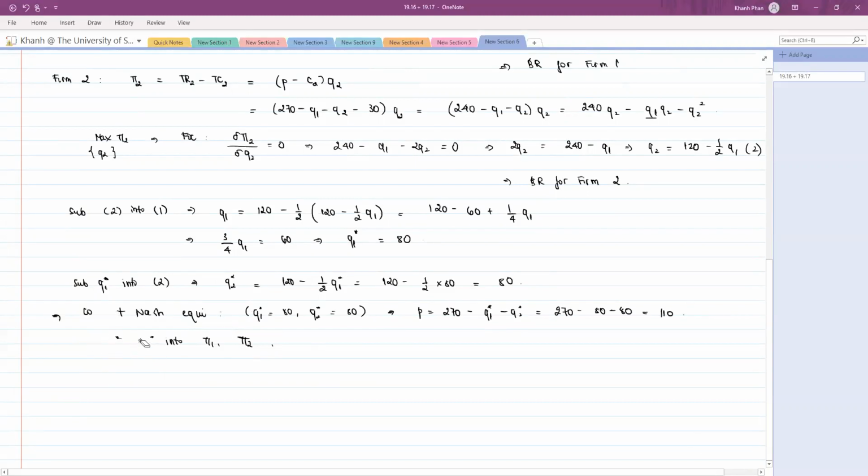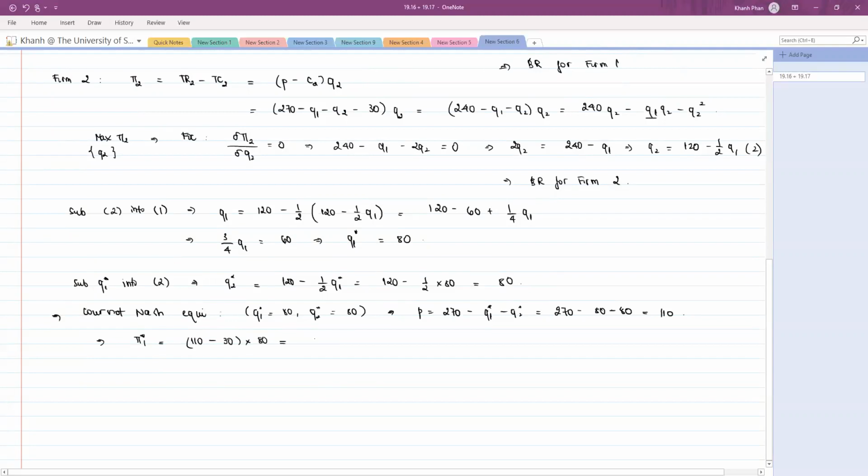Okay, so the profit for the firm is up to you. If you want to substitute back into the profit function we got earlier, that is totally fine as well. So the profit for firm 1 is the price, 110, minus the cost, which is 30, multiplied by the quantity Q1, which is 80.